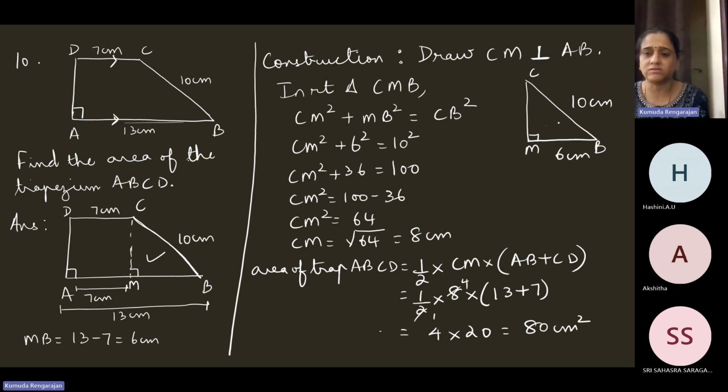So substitute the values. You find CM is 8. And CM is nothing but the distance between the parallel sides. h is equal to 8. So now write the formula, put the values in the formula, and the area of the trapezium is 80 centimeters squared.